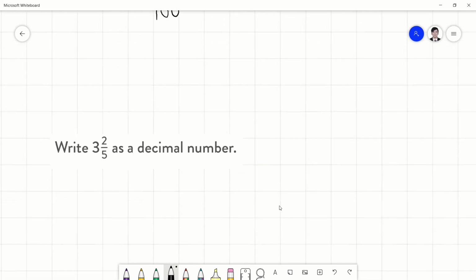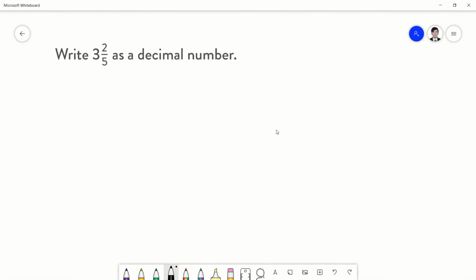But what if we have an example like this? This time it's already a mixed number. It's called a mixed number because 3 in here is actually an integer and 2/5 is a fraction.